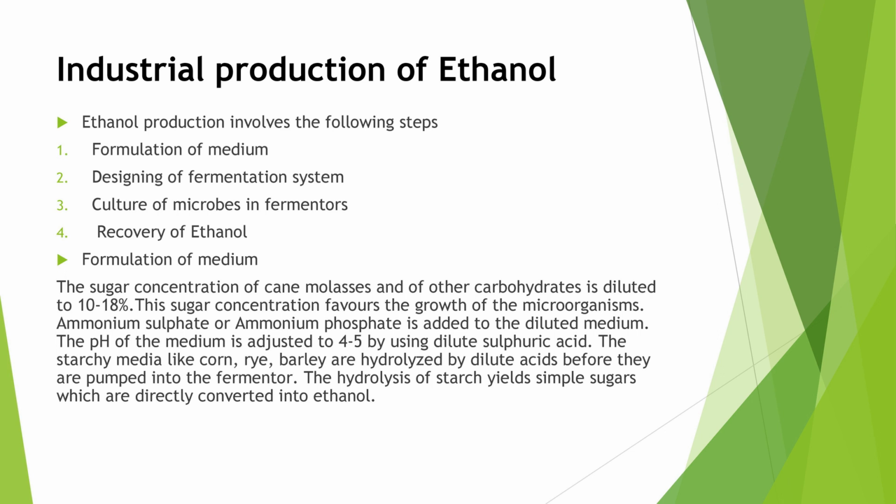The sugar concentration of cane molasses and other carbohydrates is diluted to 10 to 18%. This sugar concentration favors the growth of the microorganisms. Ammonium sulfate or ammonium phosphate is added to the diluted medium.